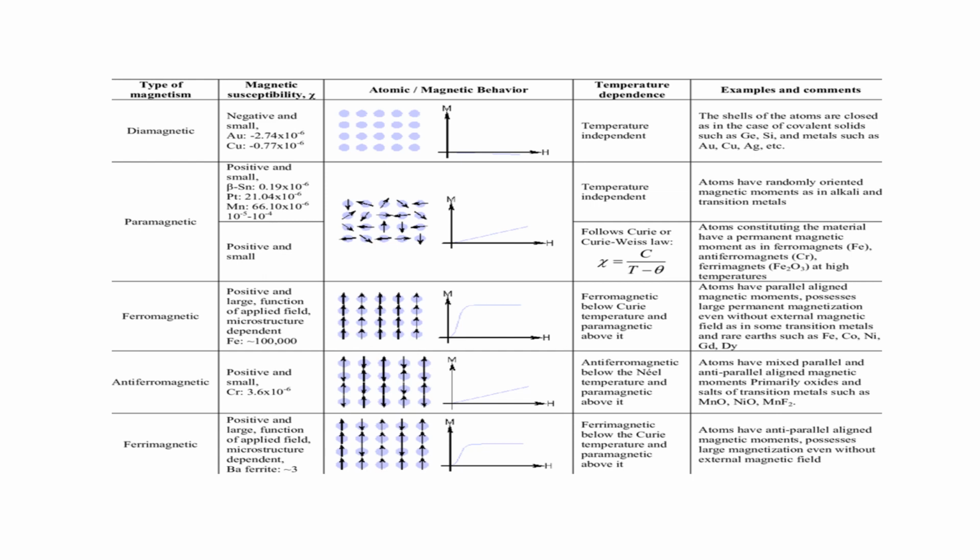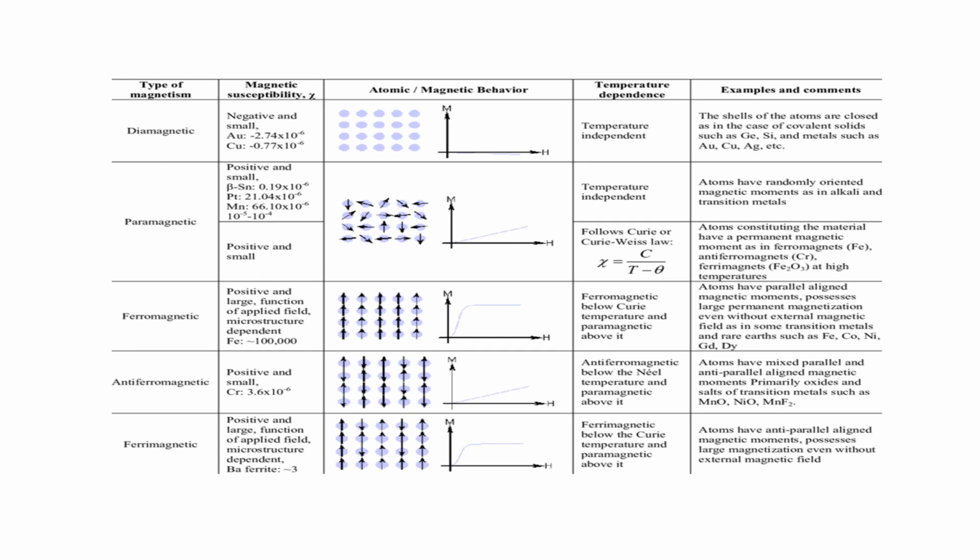So this is another picture, another table showing all the 5. Previously I showed only dia, para and ferro, and here it includes the antiferromagnetic as well as ferrimagnetic materials. Magnetic susceptibility is negative and small. Some examples are given here.